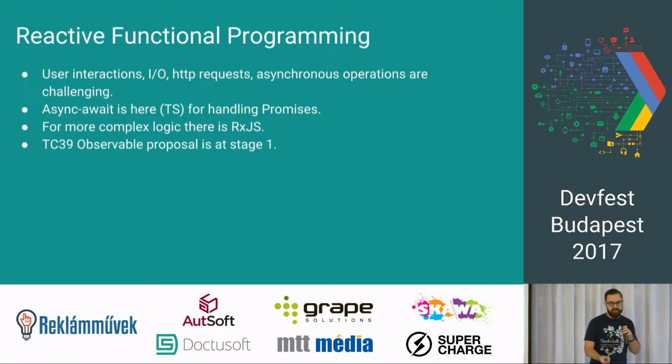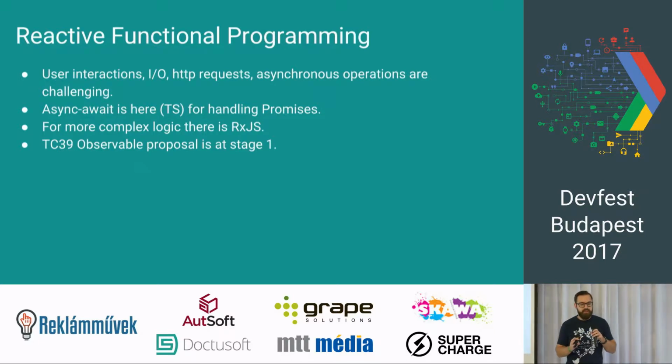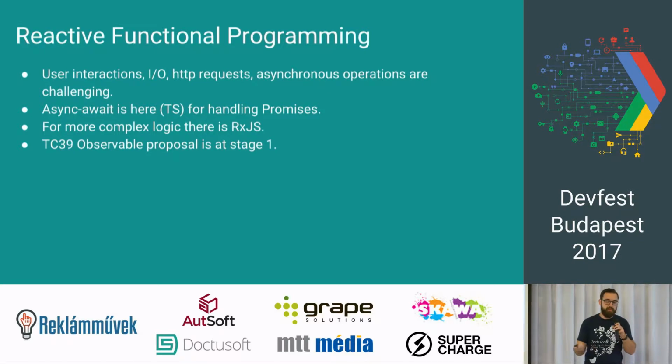All this asynchronous stuff is challenging and hard to handle, but there is some help, because JavaScript will have async await, a language feature that simplifies dealing with a lot of promises, and we already have that because we work in TypeScript in Angular, right?